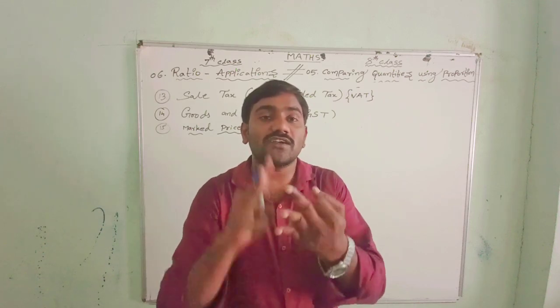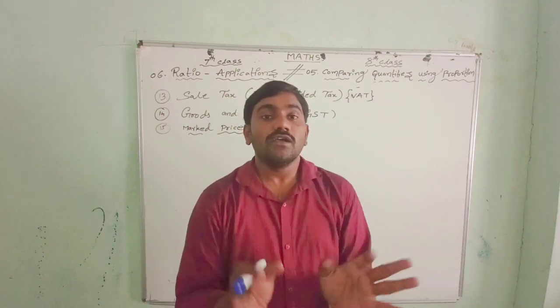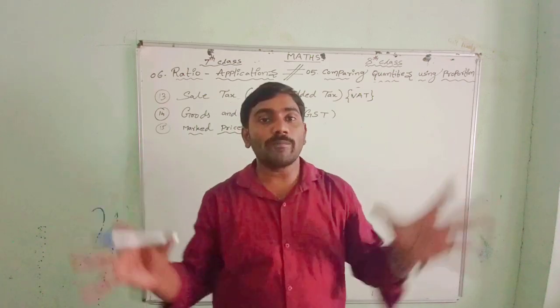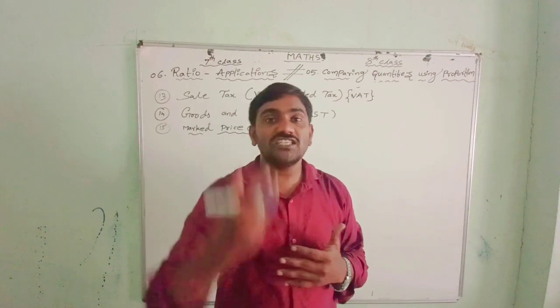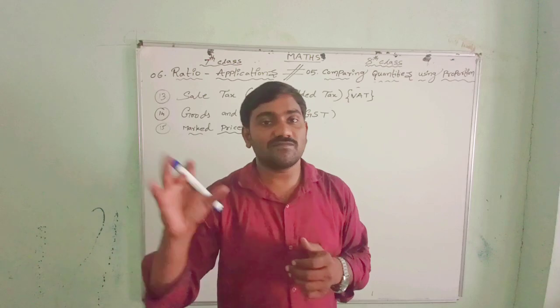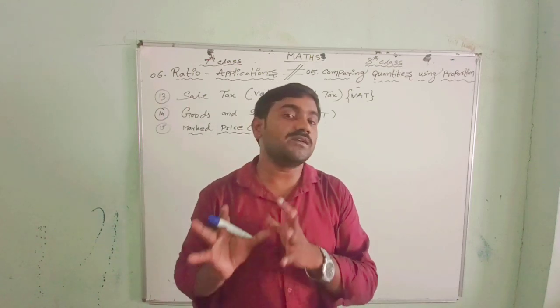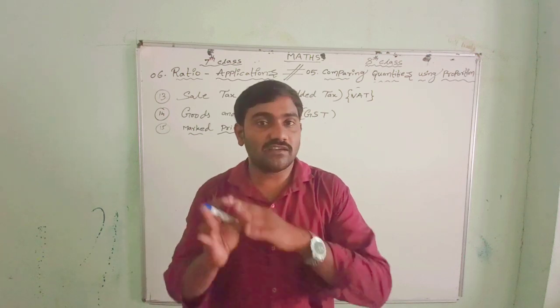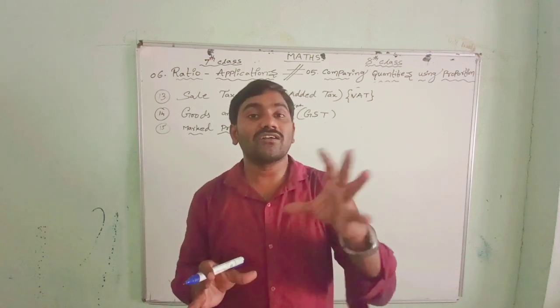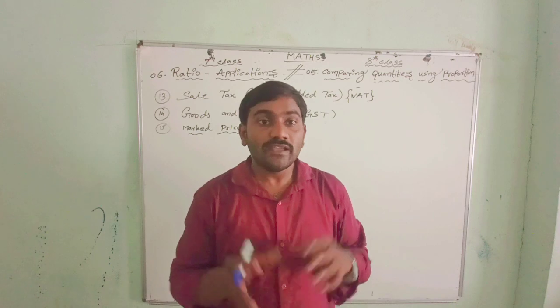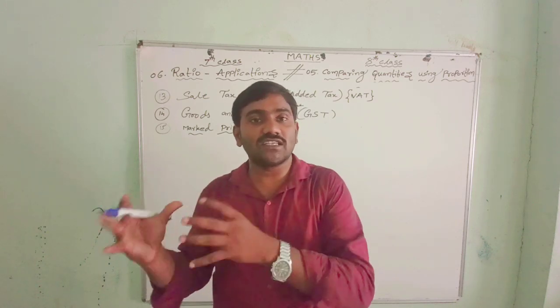List price, catalogue price or market price are the same. If you go to some supermarkets and big shopping malls, you can see the price list, a price tag on every article. They are called market price. Here market price is different and selling price is different.